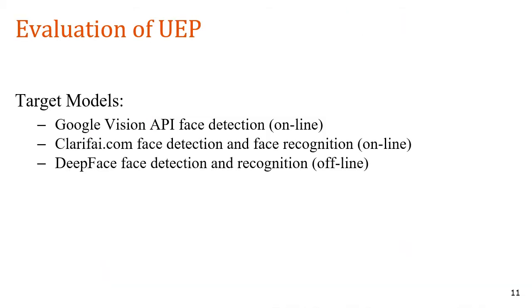To evaluate our UEP approach, we use 3 different models. The first one is the Google Vision API face detection model, which is an online model. The second one is Clarifai face detection and face recognition models, and these models are online as well. And we used an offline model called DeepFace, which has face detection and face recognition models as well.